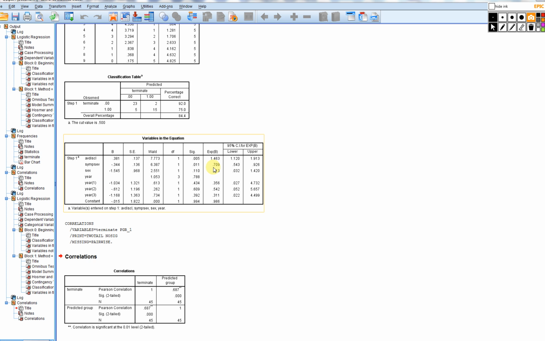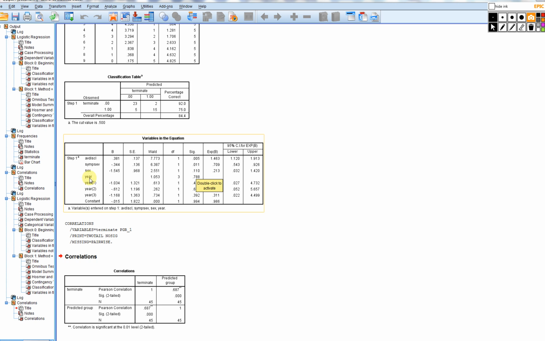Basically the odds are being multiplied by 0.71, meaning that the odds are decreasing by a factor of 0.71 for every increase on symptom severity. For sex, we again have a negative relationship, meaning that essentially females are less likely to terminate within the first 2 months, but that difference was not statistically significant.